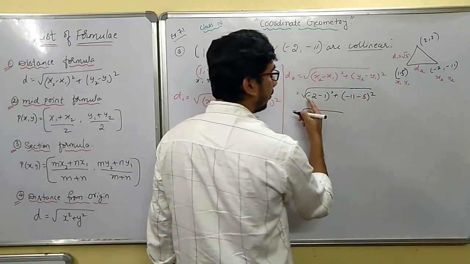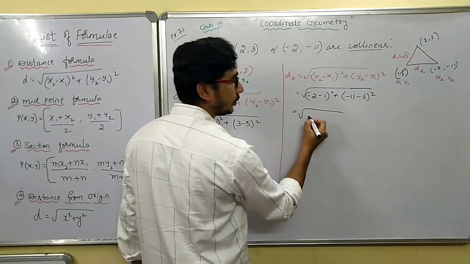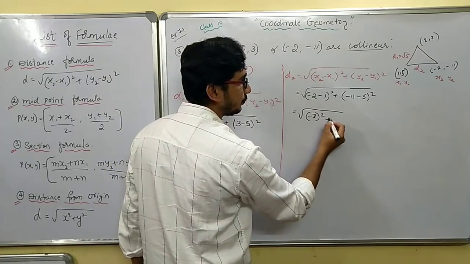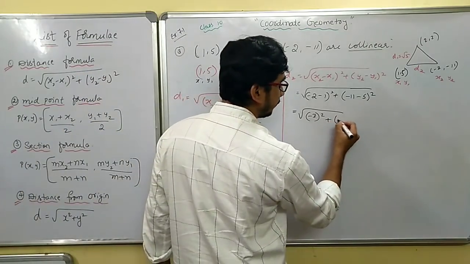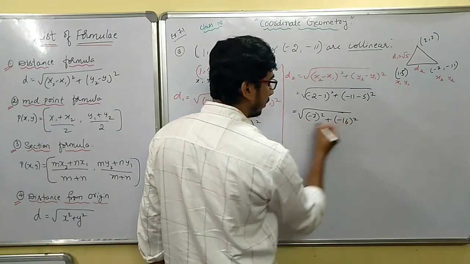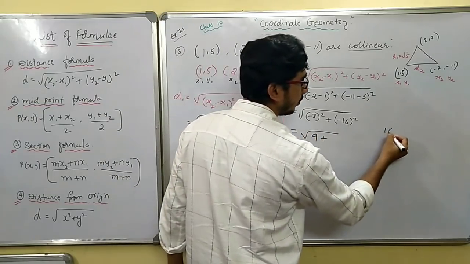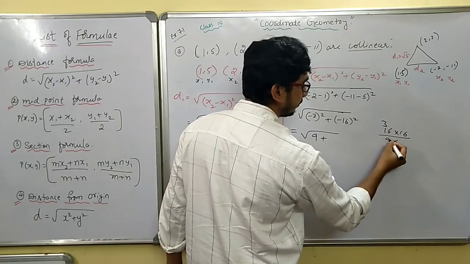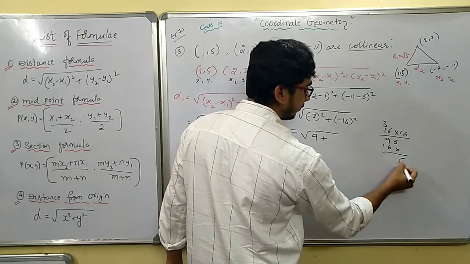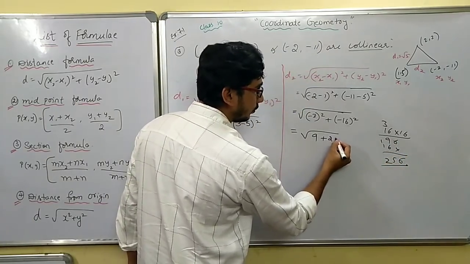So minus 2 minus 1, totally minus 3 whole square. Remember, minus 11 minus 5 is minus 16. Minus 16 whole square. So 3 3s are 9 plus 16 into 16, how much? 256.